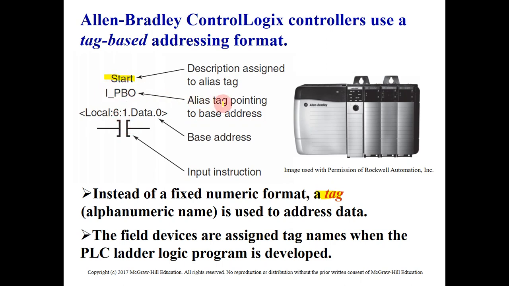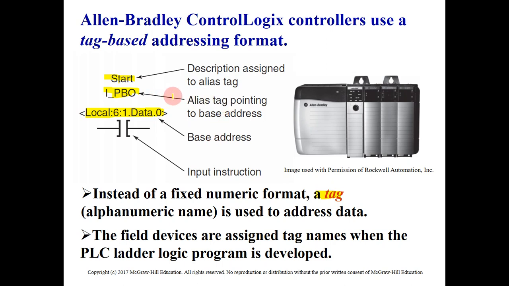This definition is written by the developer who developed the program for the PLC. But this address, which is local data and so on, is actually generated automatically when you install your new microcontroller or new PLC system, CPU units.